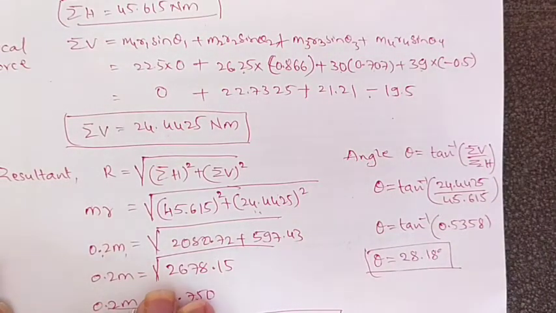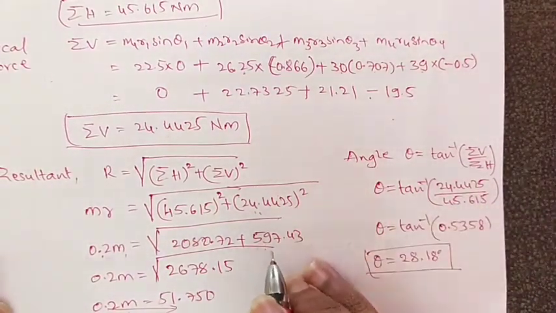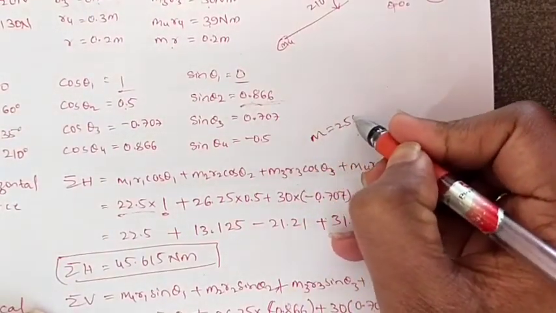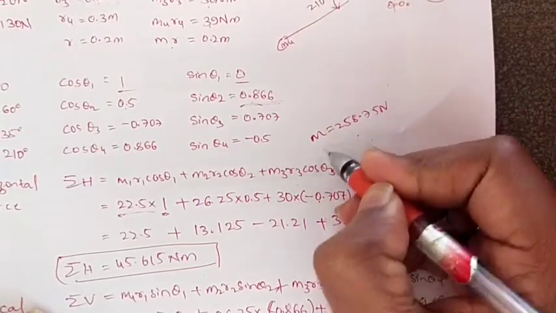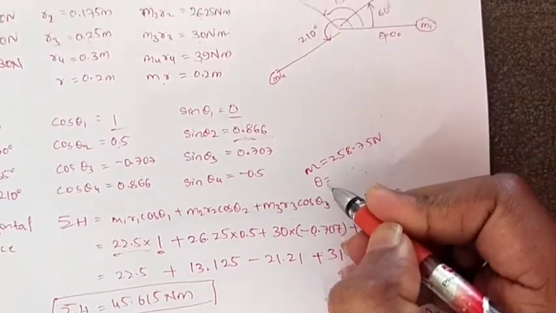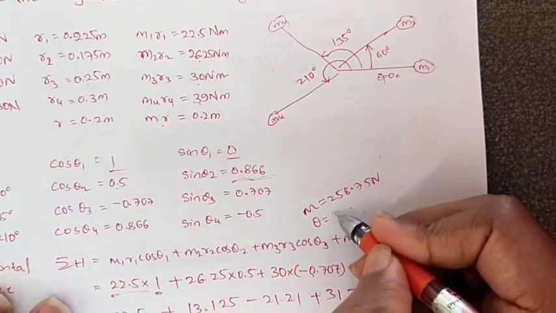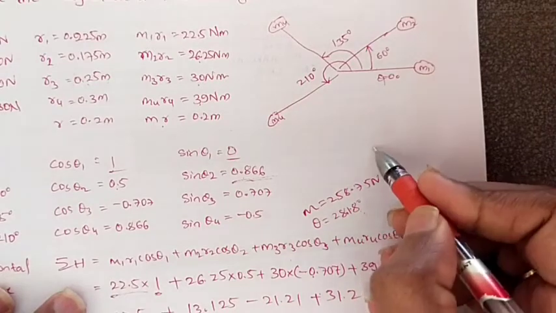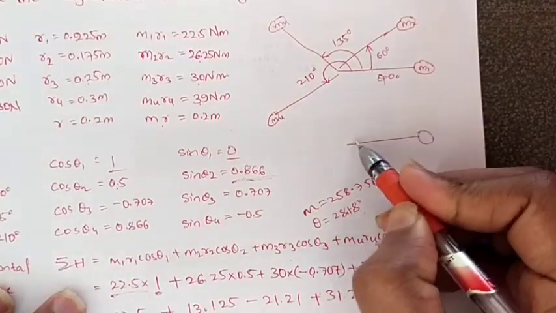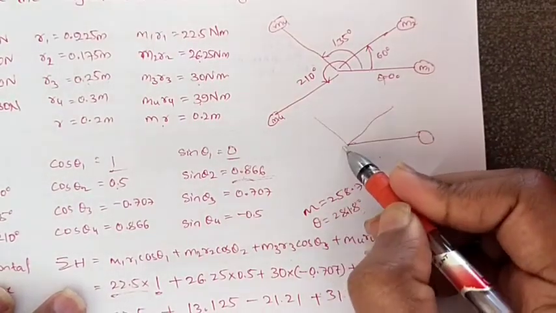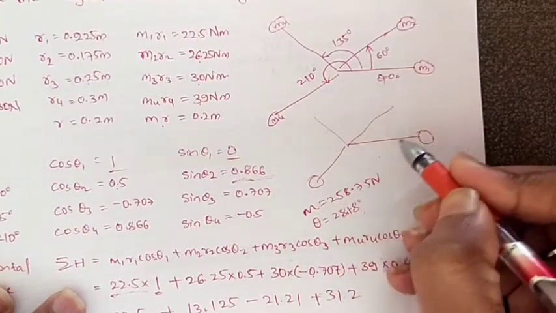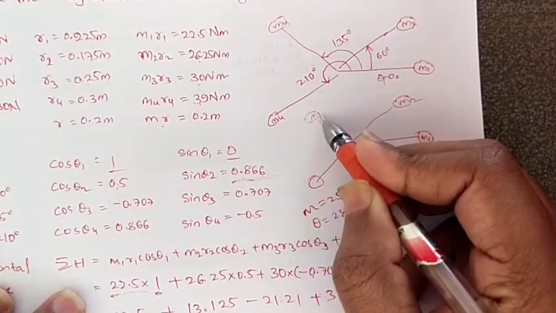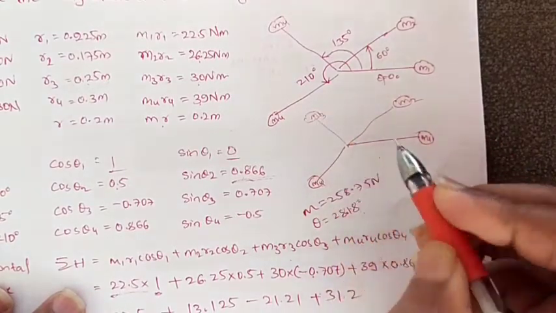So that means the mass you are getting is 258.75 Newton, and the angle you are getting is 28.18 degree. That means you can balance these four masses, M1, M2, M3 and M4, by only one mass.